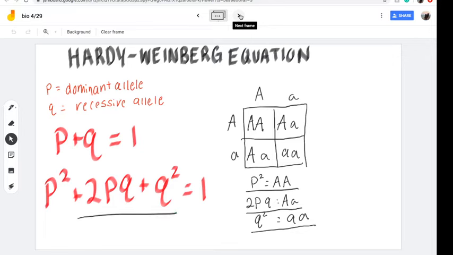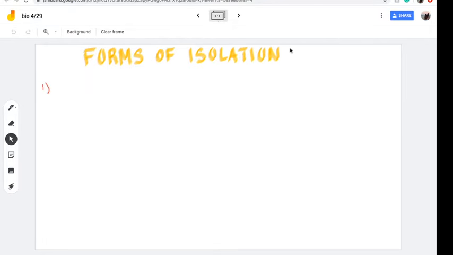So next we have forms of isolation. A species is a population whose members have the potential to interbreed in nature and produce fertile offspring. Anything that fragments a population and isolates small groups of individuals may foster the formation of new species.